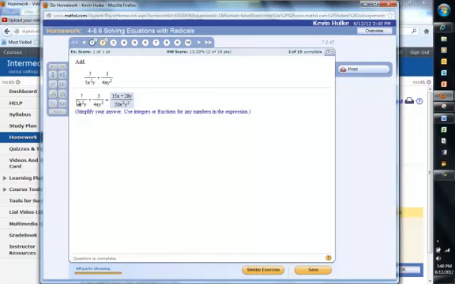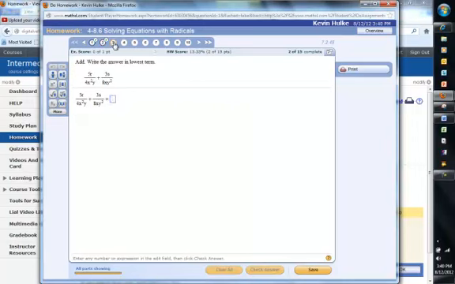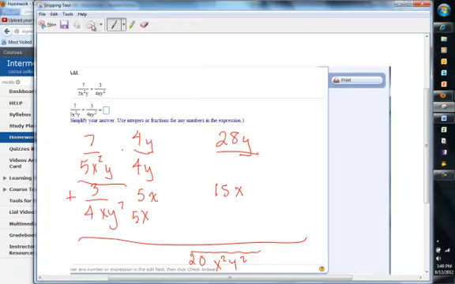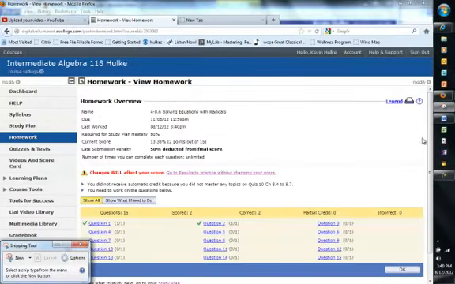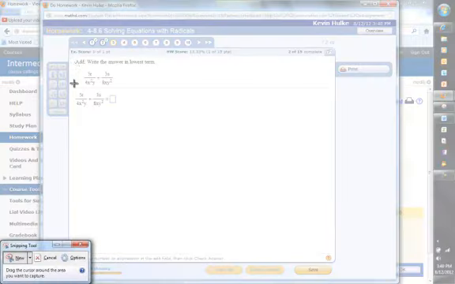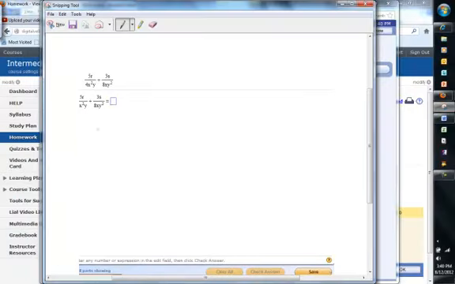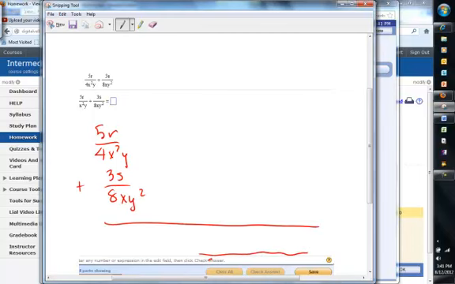All right, next one. Another addition problem, common denominator first. So we have 5r over 4x squared y plus 3s over 8xy squared. Common denominator is 8x squared y squared. This is missing a 2y. And this is missing no number, but it's missing an x.